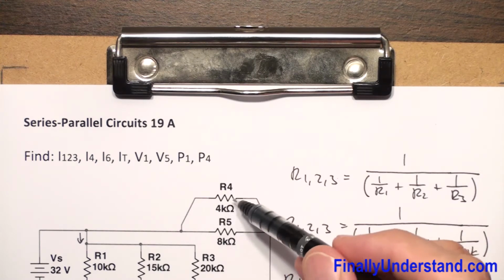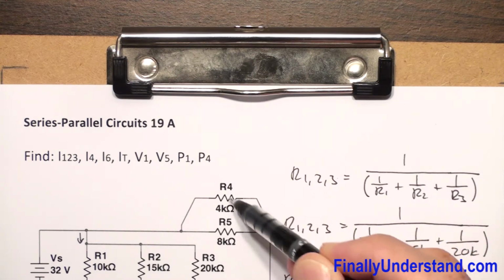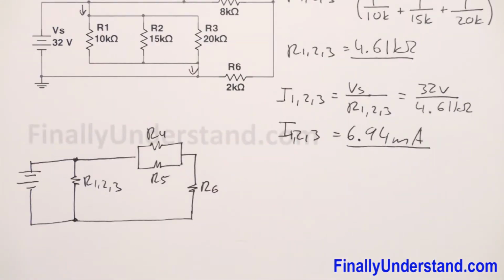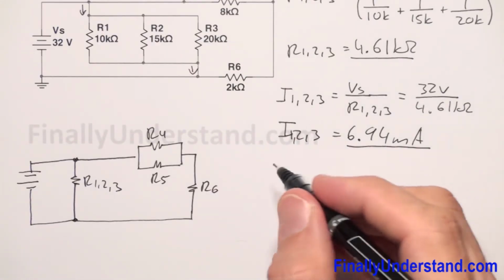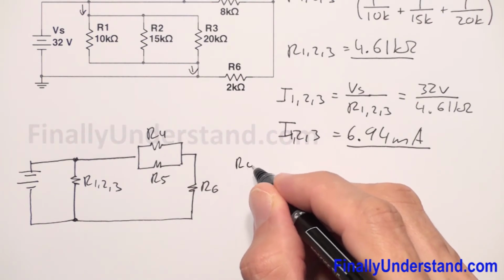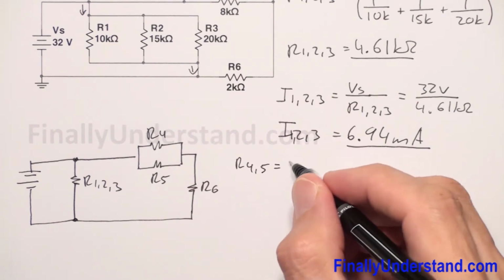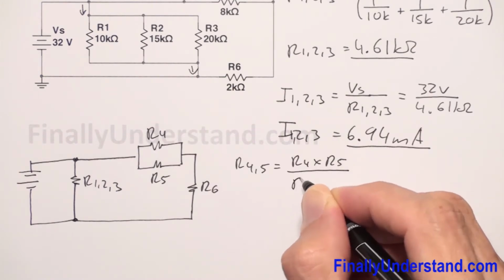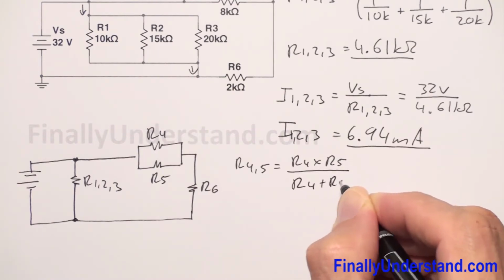So let's find R45 first. R45 is equal to R4 times R5 over R4 plus R5.